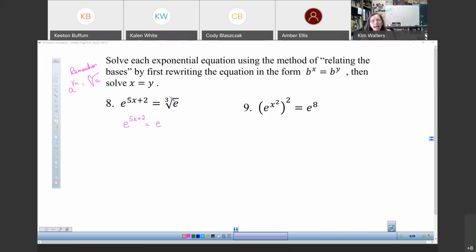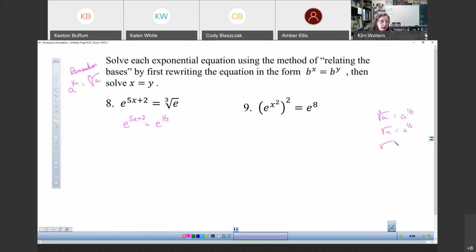So anytime I have a root here, I can rewrite this as a rational exponent. So my roots become rational exponents. This cubed root is the 1/3 power. If I have a cubed root of something, that's going to be the 1/3 power. If I have a square root of something, that's going to be the 1/2 power.